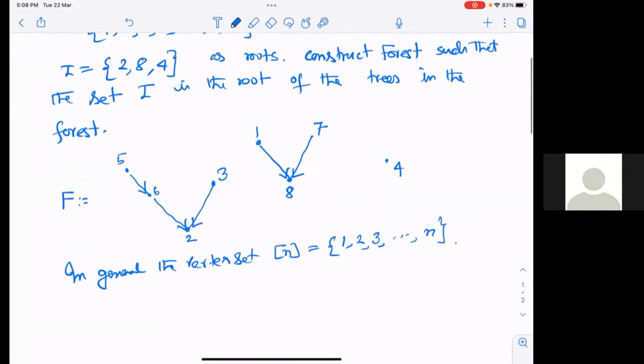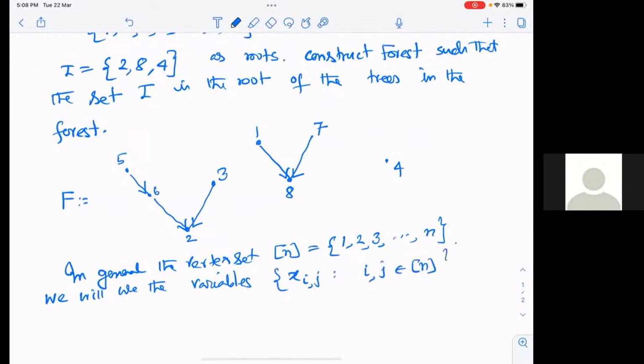And we will also use the variables x_ij, with i, j running over n. What is the meaning of these variables?